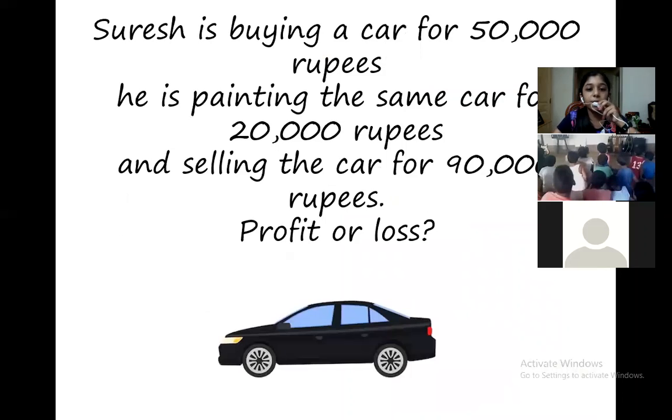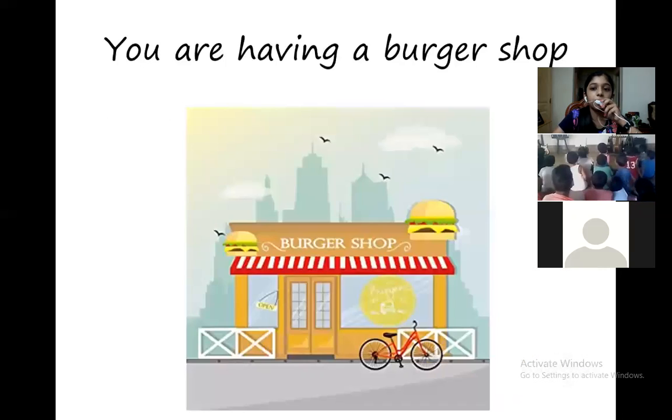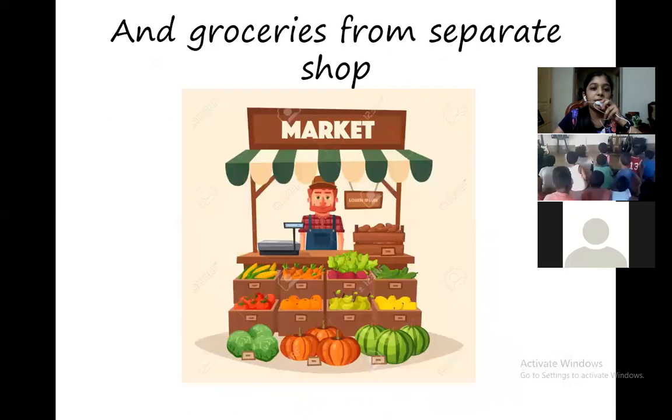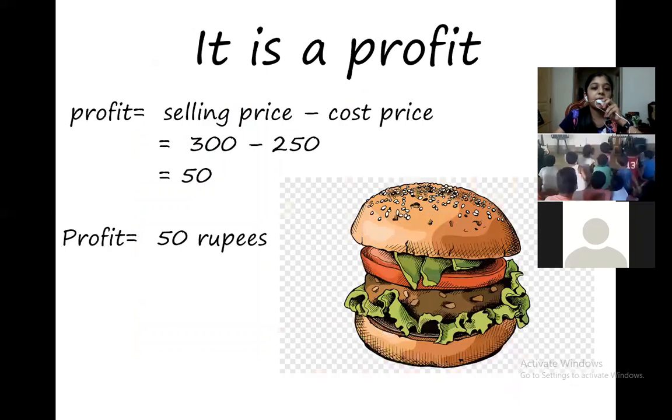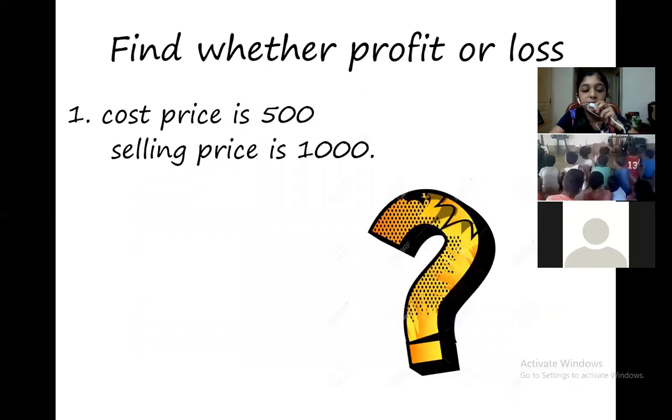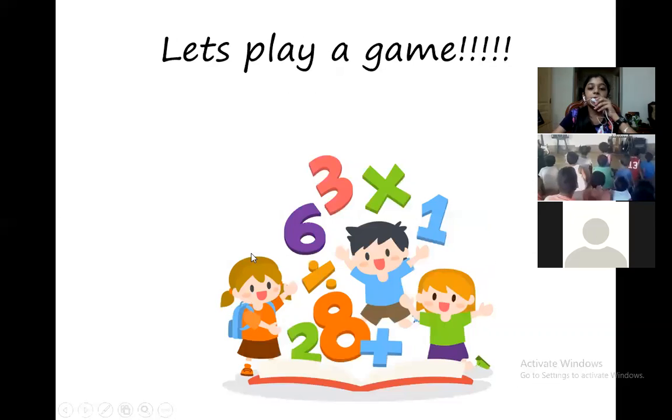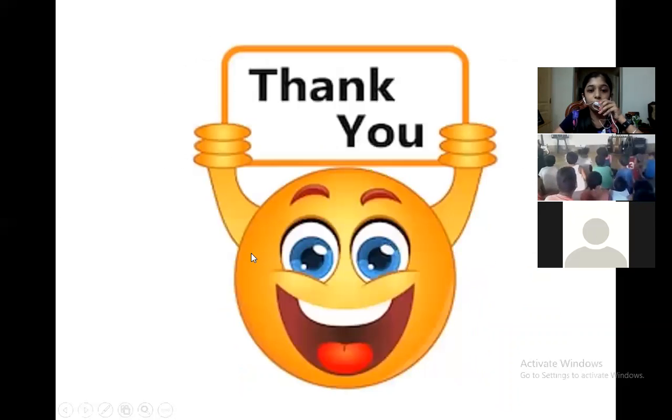I gave you a big question to be solved, and another big question, the burger shop question, and I gave directly the cost price and selling price, and you gave me the correct answer. And then we played a game, and that's all for today.